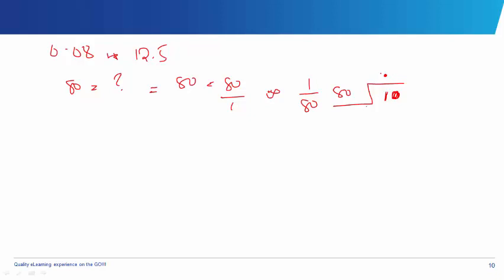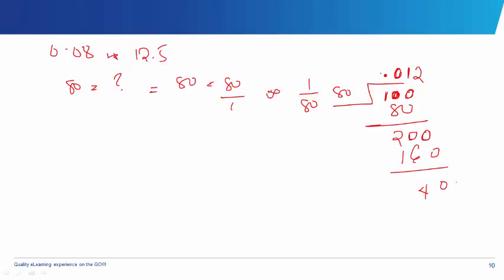So 10 divided by 80, it won't go. We'll add a 0 and add a 0. 100 divided by 80 will give us 1. 1 multiplied by 80, we have 80. When you subtract, you have 20. We'll add another 0. 200 divided by 80, what number can you multiply by 80? That's a 2. 2 times 80 gives us 160. 200 minus 160 gives us 40.